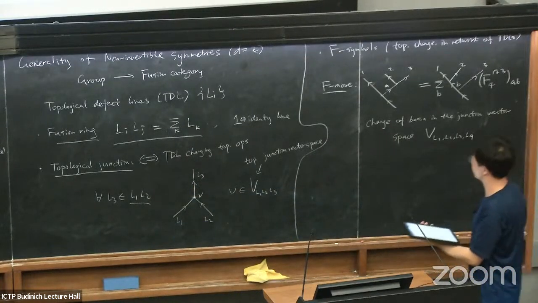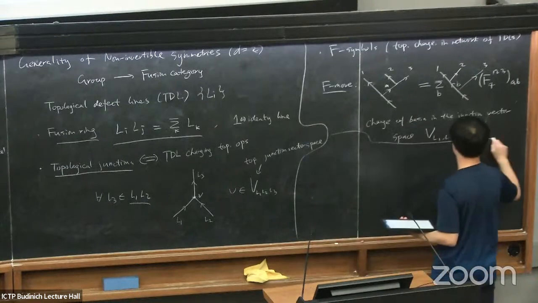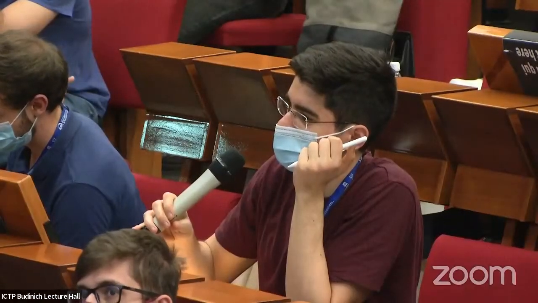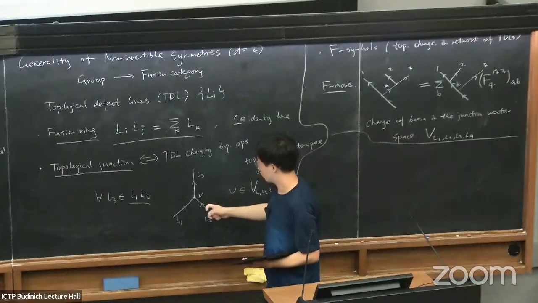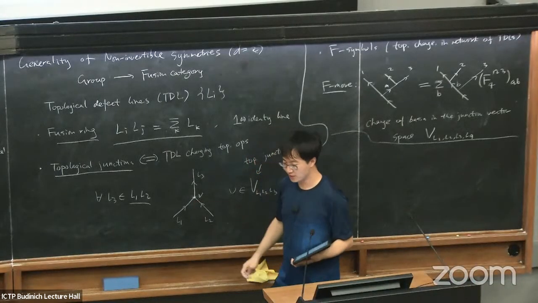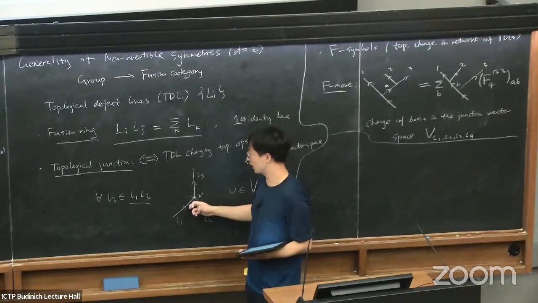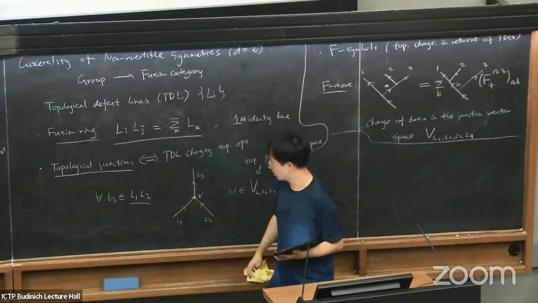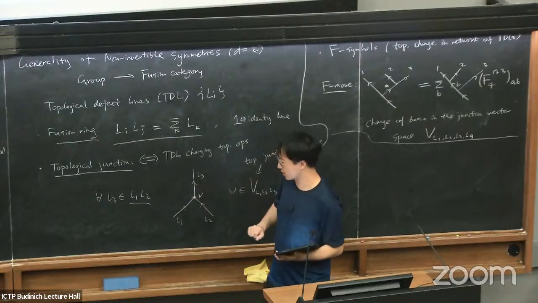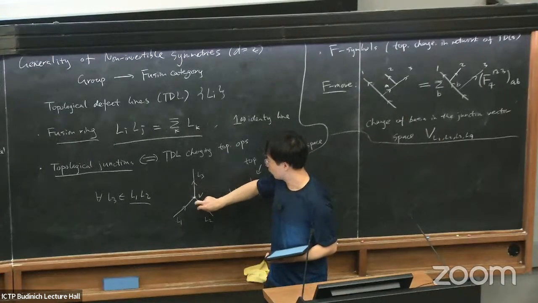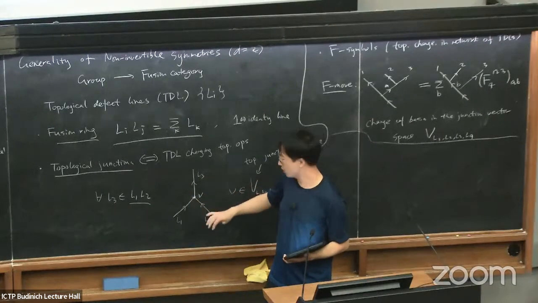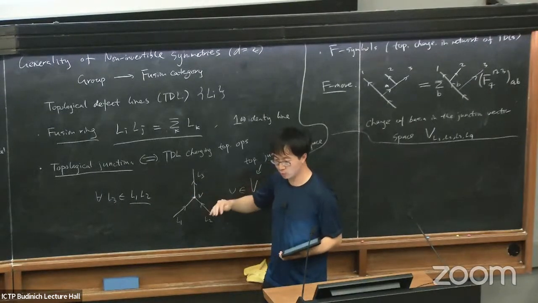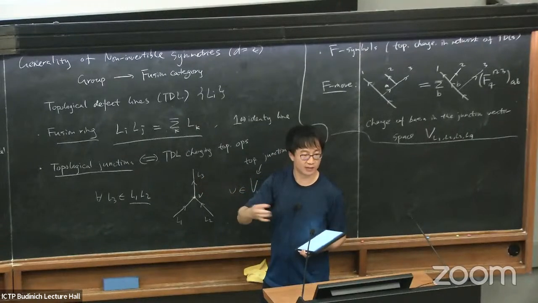Another question. Can you explain again why there's a whole vector space of junctions? Okay. I think that notion is not completely clear at the moment, but you can think about it this way. This is like a point-like operator. So having 1 junction, you can multiply this point-like operator by an arbitrary complex number. That's still topological.